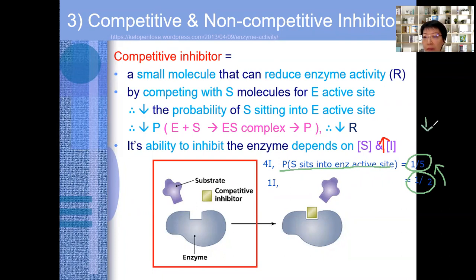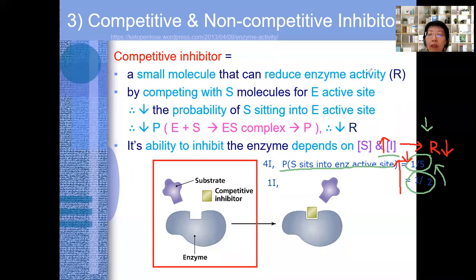Therefore, when I increase my inhibitor concentration, you will see that the rate of reaction is going to drop, because the probability of my substrate sitting into my enzyme active site goes down, right?